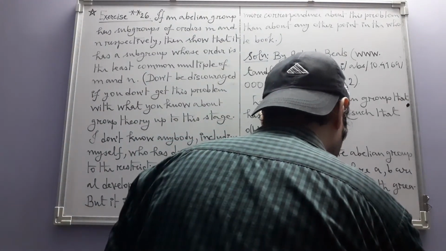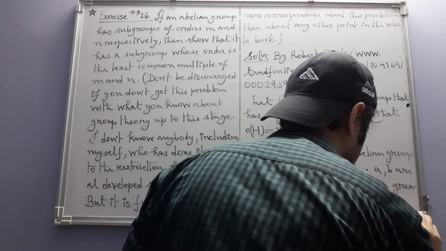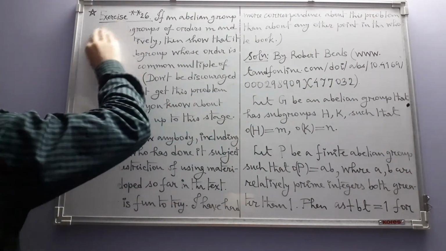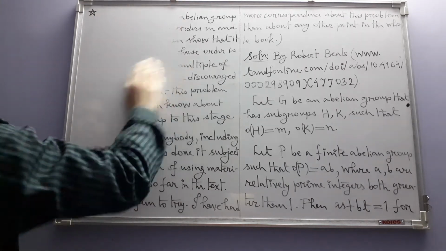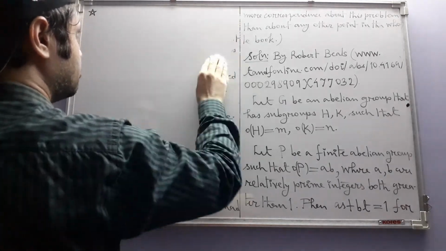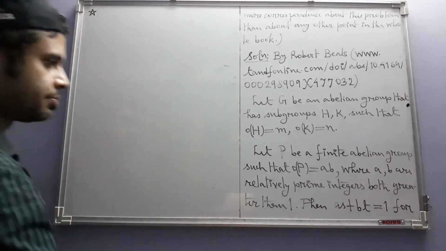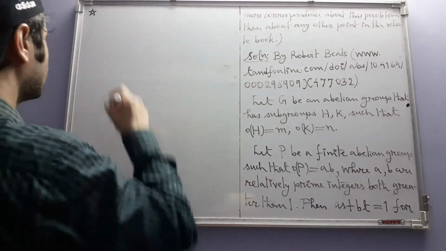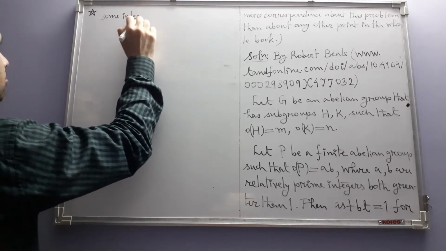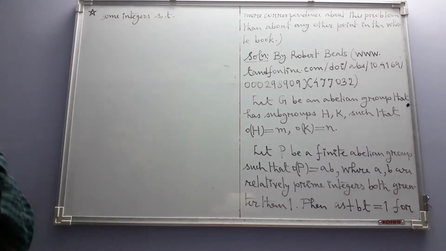Then, AS plus BT is equal to 1 for some integers S and T, which is a result from section 1.3. So it's within that restriction.